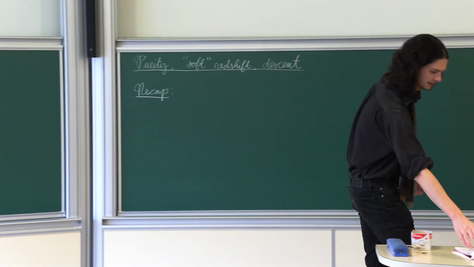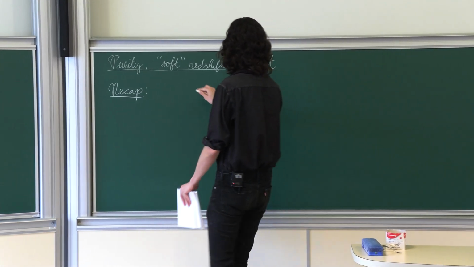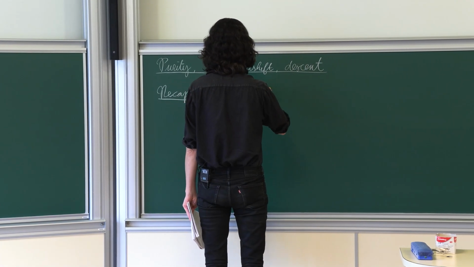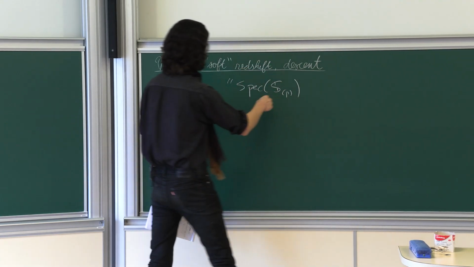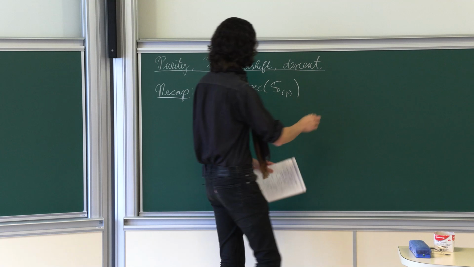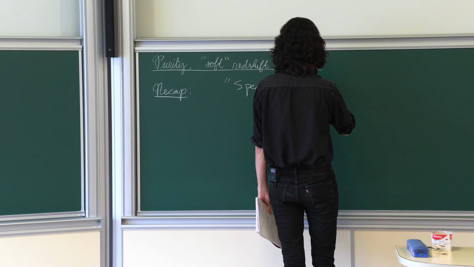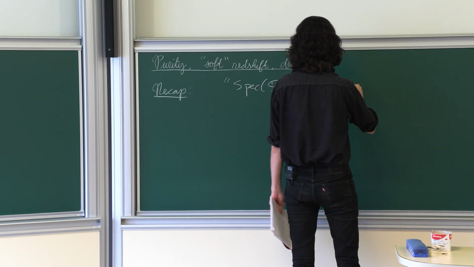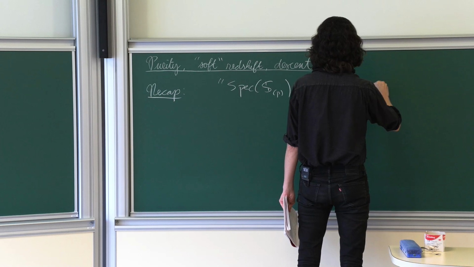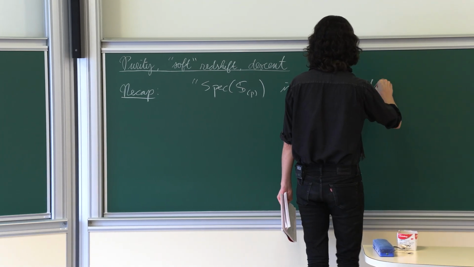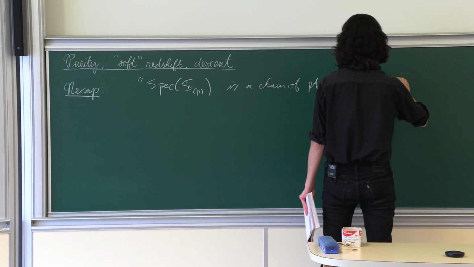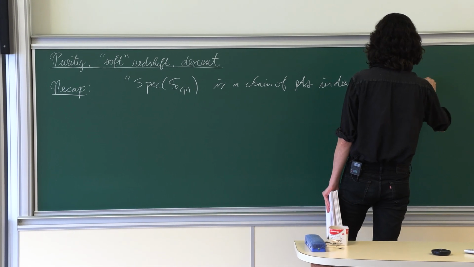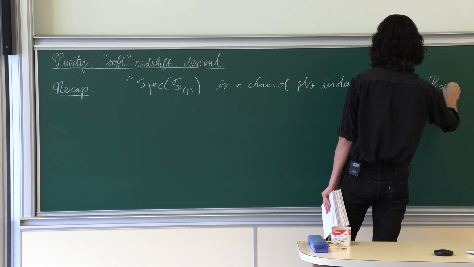So recall that, so to speak, Spec of the p-localized sphere spectrum is a chain of points indexed by height, which is a non-negative integer.